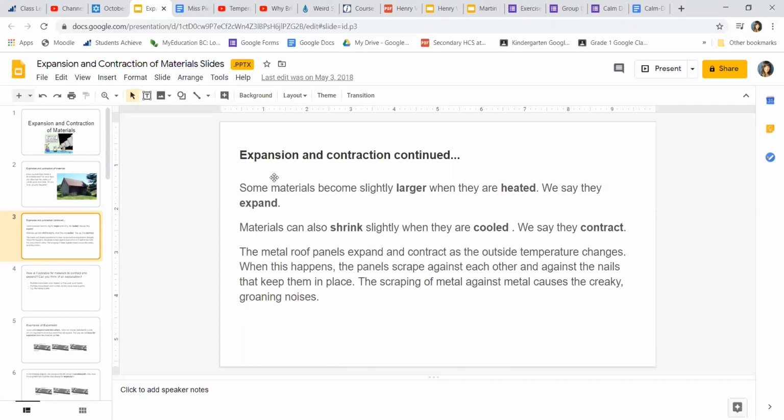Others can also shrink slightly when they're cooled, and that's when they're contracting. So for that tin roof example, the metal roof panels are expanding and contracting as the outside temperature changes. Those panels scrape against each other and against the nails that keep them in place. That's why you're hearing those creaky sounds. It's simply because they're expanding.